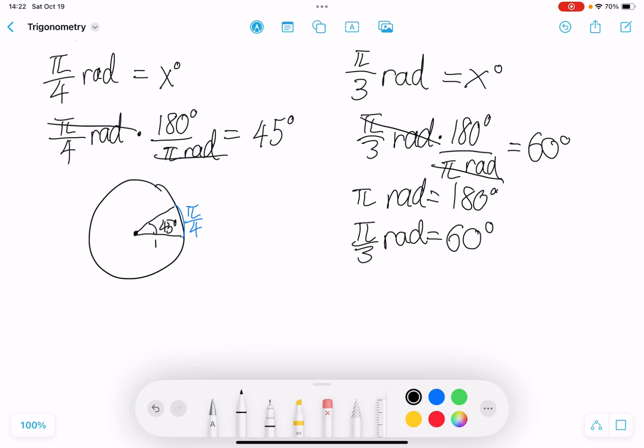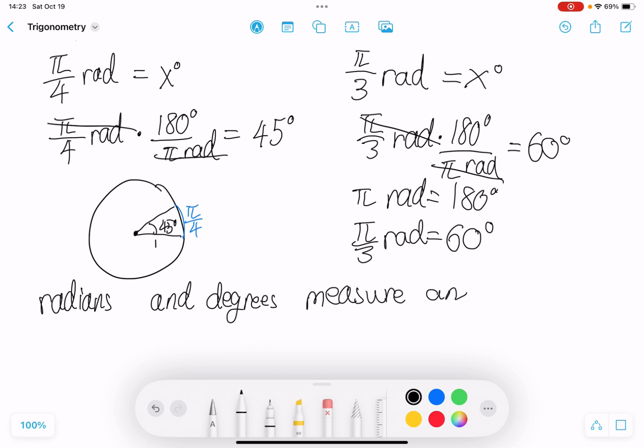So in summary, radians and degrees are both ways to measure angles. Radians are different from degrees because with degrees, you split the circle up into 360 pieces. With radians, you look at the circumference that the angle has covered.